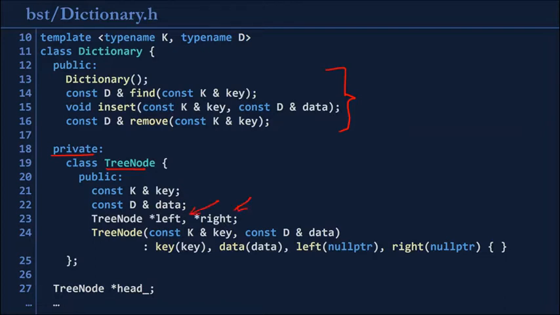And now we're going to have both a key and a data as part of our values inside of the tree node. Here we see we have a tree node constructor, and we still have a head pointer that points to the top of this tree. So all of these things are just like a tree that we were introduced to earlier, but now we're going to do a dictionary class that implements a binary search tree that's going to allow us to make searches efficient.